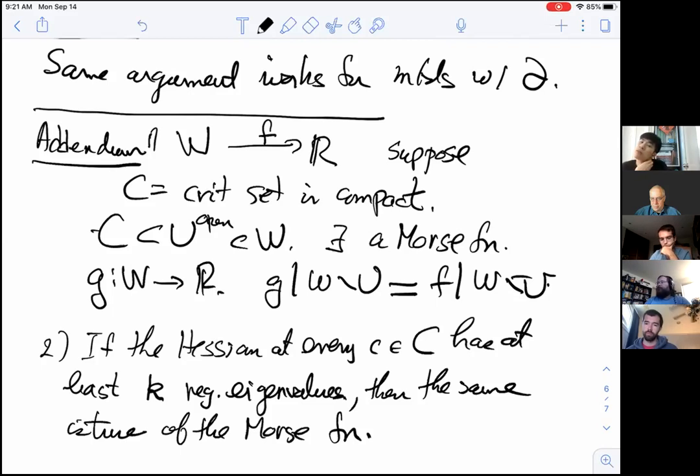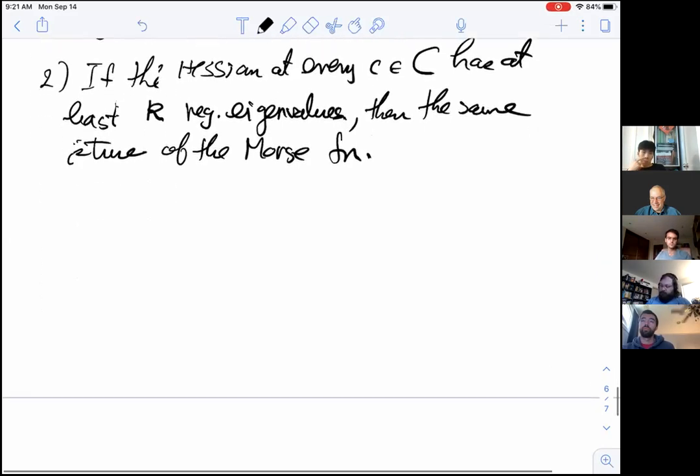How many of each type will depend on the deformation, but nevertheless, you'll still retain all the K negative eigenvalues that you started with, and you might get more. So in fact, the index of the Morse function approximations lies between the index and the index plus the nullity, the number of zero eigenvalues. That's the range in which you can get critical points.